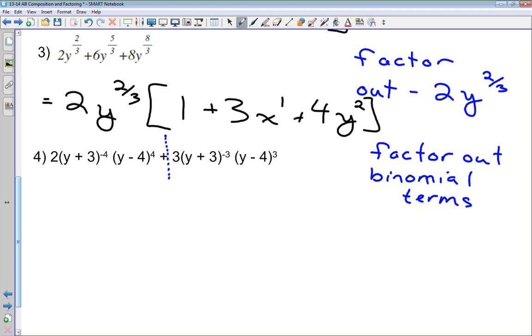What power of each of these binomial terms do we factor out? For instance, we've got y plus 3 to the negative 4 and y plus 3 to the negative 3. Do we factor out y plus 3 to the negative 4 or y plus 3 to the negative 3? Same rule applies. It's the lowest power of the binomial that we are going to factor out. So factor out the binomial terms. Again, look for the lowest power.